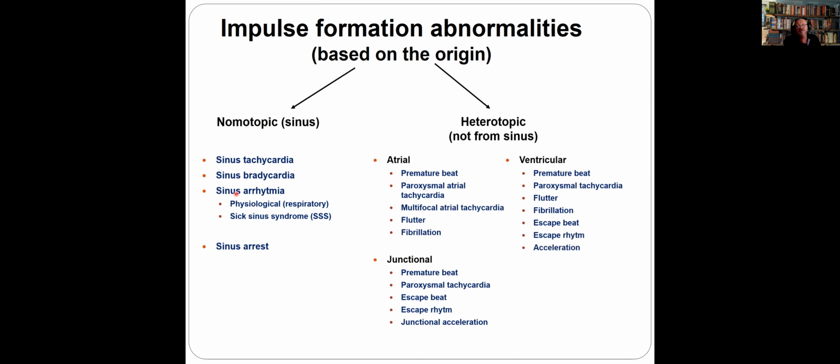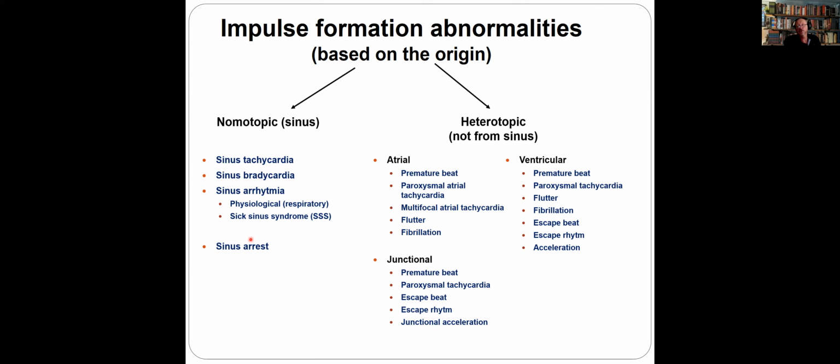They cannot have fibrillation or flutter. So there is no way that somebody will have a sinus flutter or fibrillation, or junctional flutter or fibrillation. There is no way. But they can have a premature beat, and the junction can have an escape beat or escape rhythm, or paroxysmal tachycardia, premature beat. This is what the junction can have. However, there is no fibrillation or flutter.